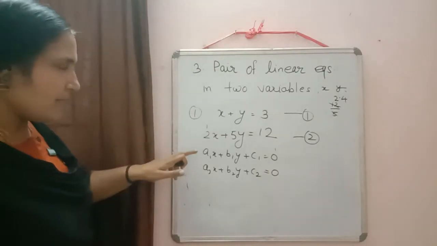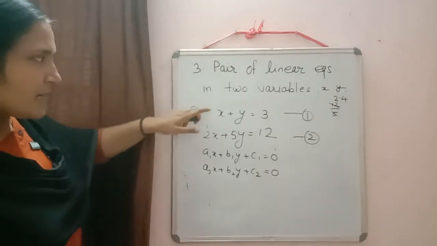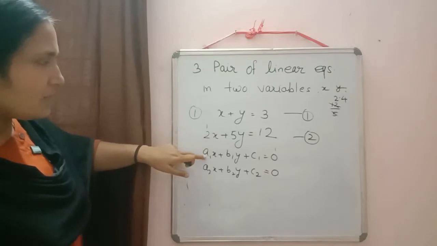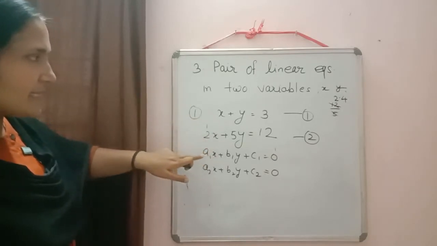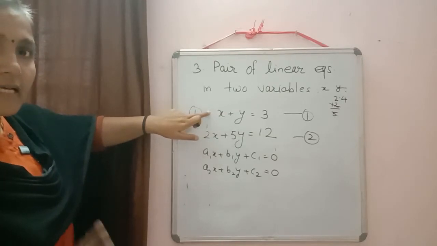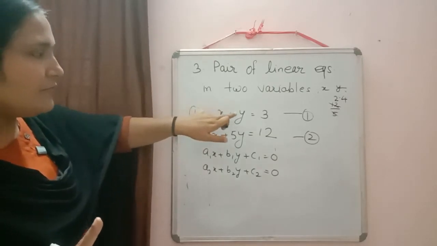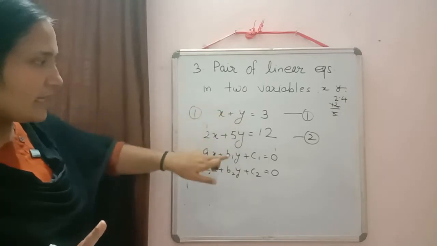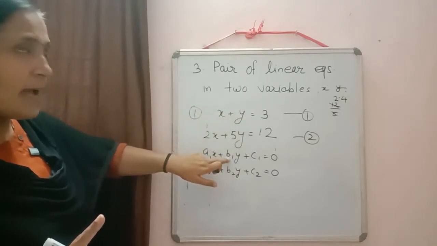In the same way, if we compare, what is the coefficient of x here? a1. In the first equation, the coefficient of x is 1. The coefficient of y is 1, and here we have the coefficient of y as b1.